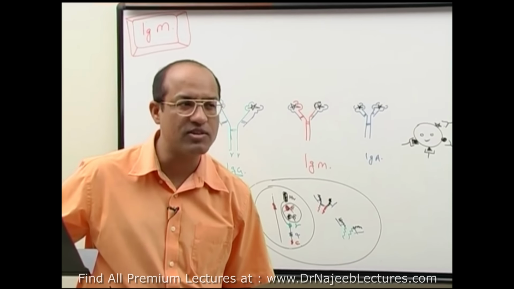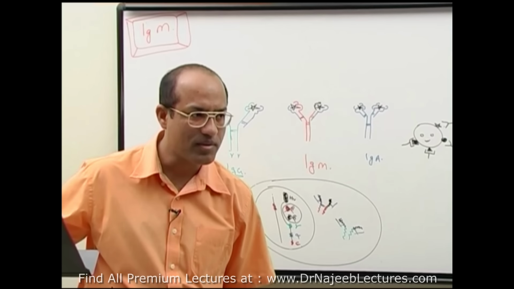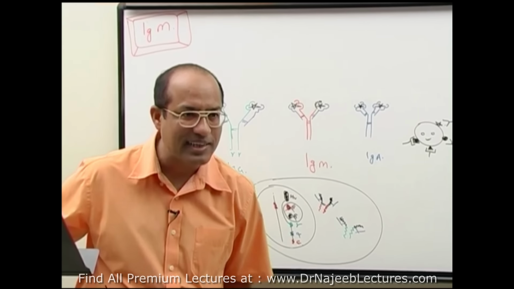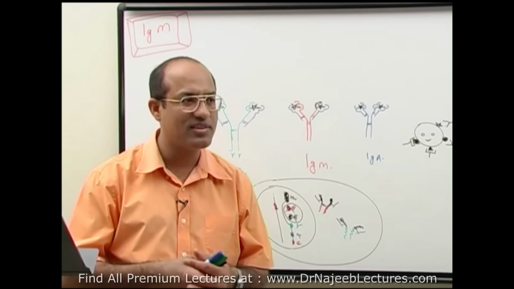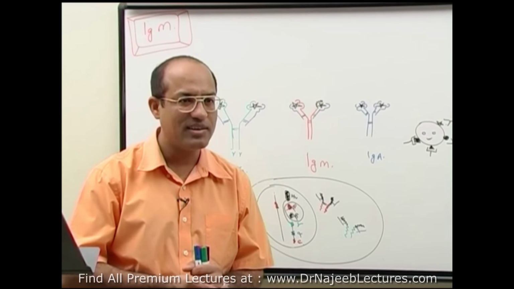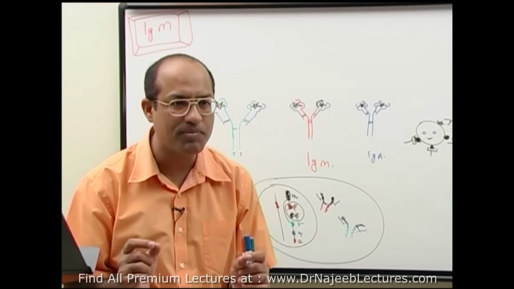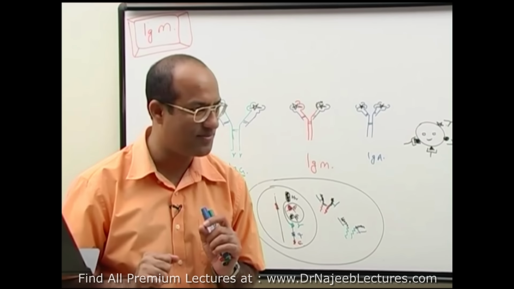But if the infection is repeatedly there, then IgG levels will also go up. So if you are having some disease, right, and I checked your blood and against an antigen you have only IgM, it means you had a recent infection.